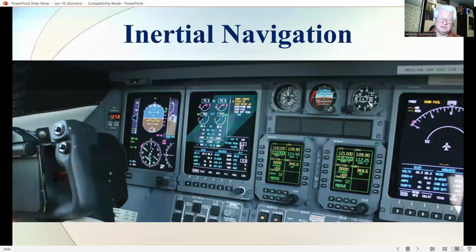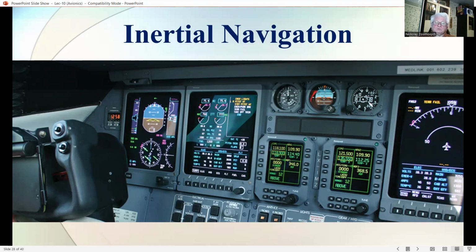And now it's time to start with a very interesting topic, inertial navigation. It is instructive to briefly review the reasons for the development of inertial navigation and its importance as an aircraft state system.